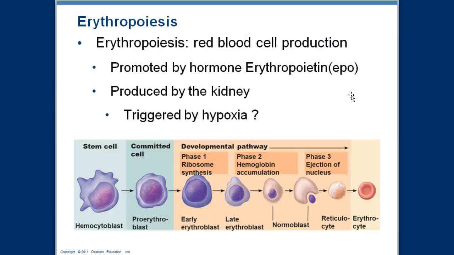So the production of red blood cells is a specific type of hematopoiesis called erythropoiesis. It is promoted by the hormone erythropoietin, which you probably remember from the first exam is produced by the kidney. So when the kidney senses hypoxia, it produces EPO. EPO makes it into the bloodstream. When it gets to the marrow, the hemocytoblasts churn out more erythrocytes.